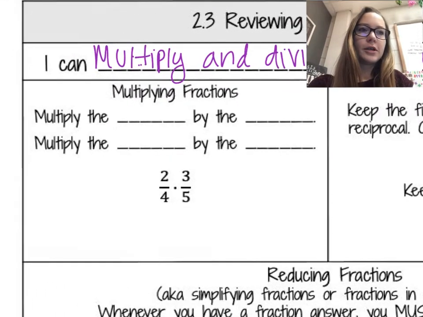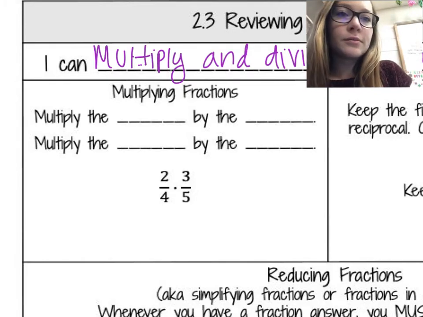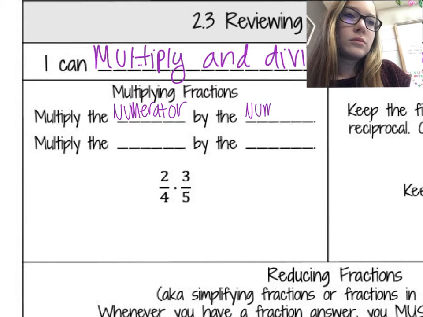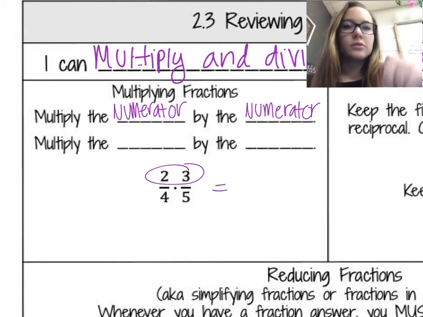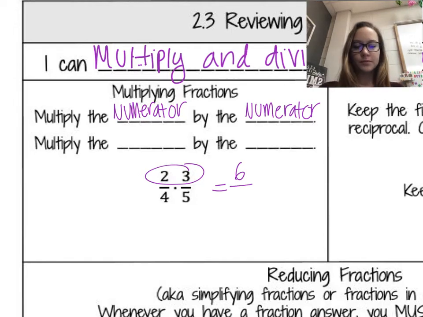It's a little blurry. That's okay. So we're going to multiply the numerators together. Okay. So the top numbers, 2 times 3 is 6 over.